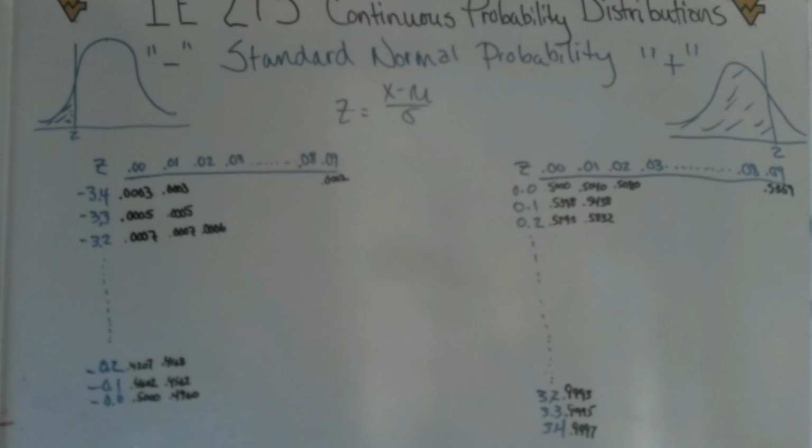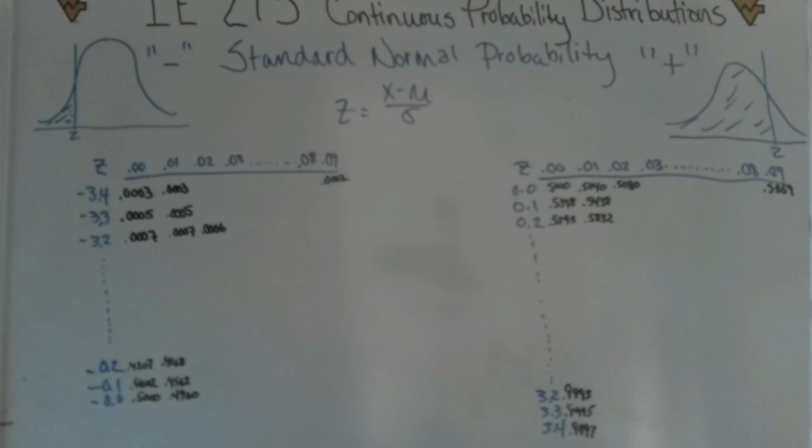If you have your normal table, from either the back of the book or what I handed out in class, you would see it's two-sided. There's the negative side, which reads the z-values from negative 0 to the left, and the other side reads the z-values from 0 to the positive.